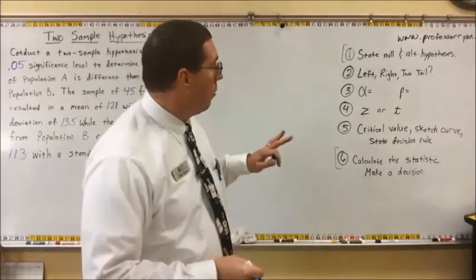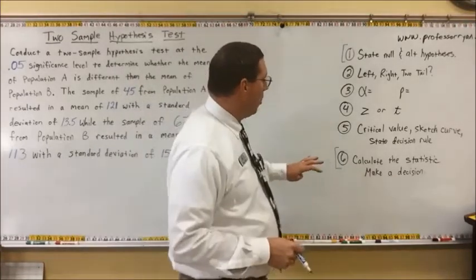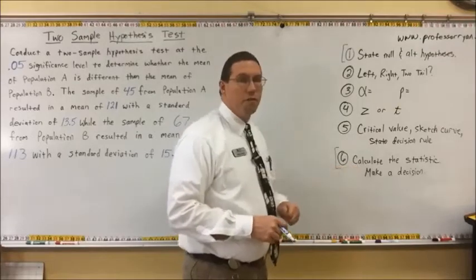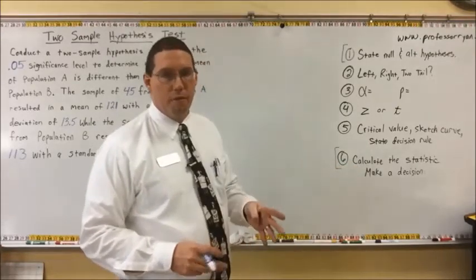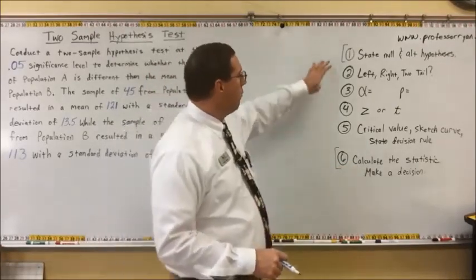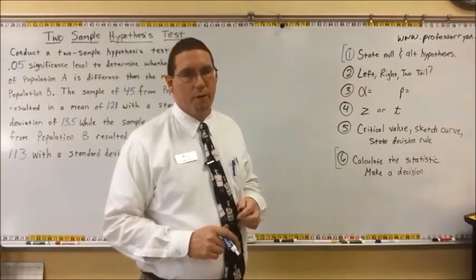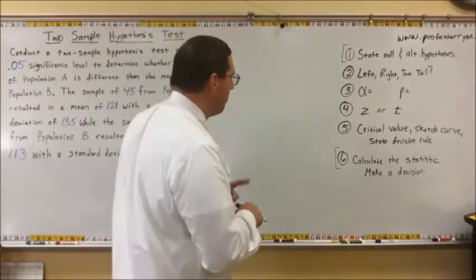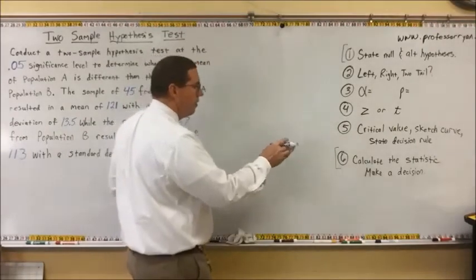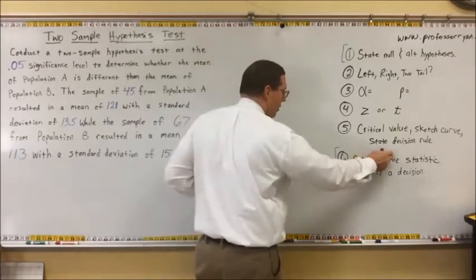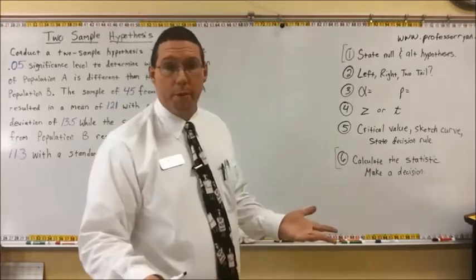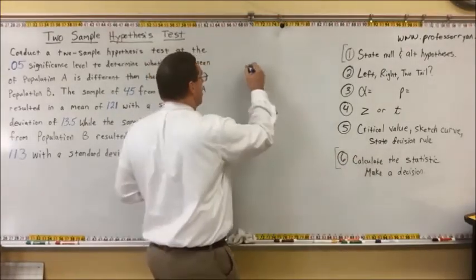Okay? Now, what I'm going to do right now is show you how the calculation for the test statistic is different, and then in a few minutes we'll focus on how the null and alternative hypotheses are different. Okay? But in order to explain the calculation, you use a formula for calculating the test statistic.